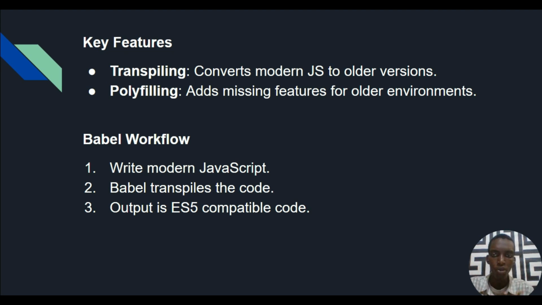We write modern JavaScript, then Babel transpiles, meaning compiles, the code, and gives the output as ES5-compatible code. Whether you're using ES6, 7, 8 or something else, it converts it back to ES5-compatible code.